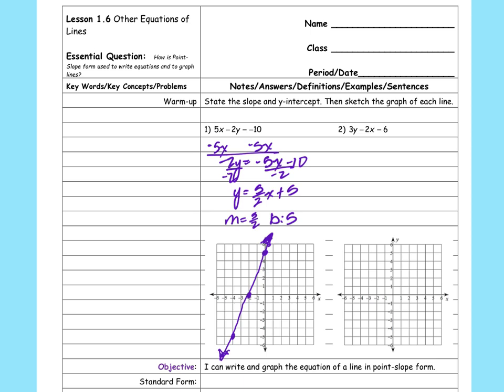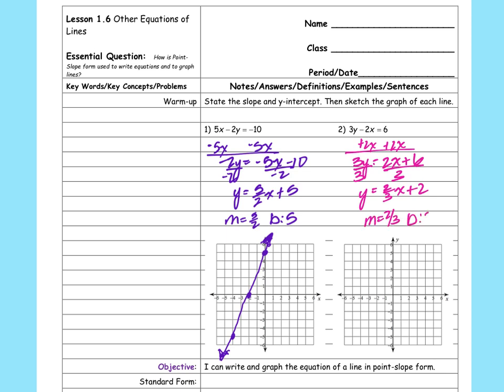Okay. So for the second one, I'm going to do the same thing, add 2x to both sides. Divide by 3, and y is going to equal 2/3 x plus 2. So my slope is 2/3.